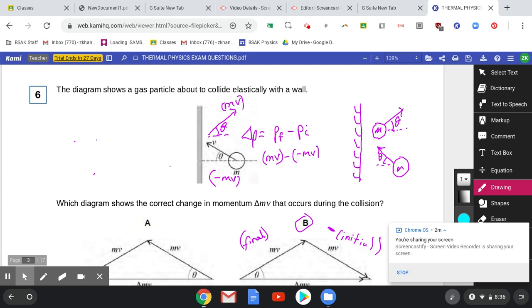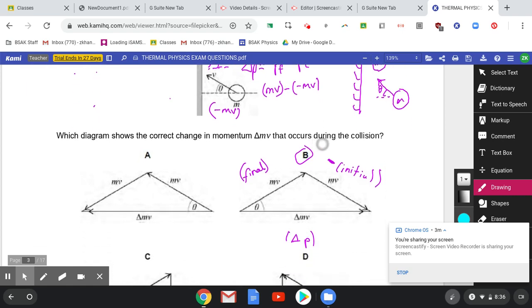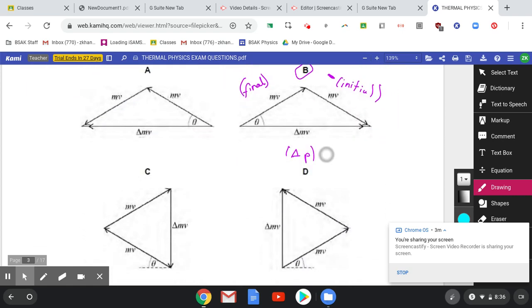So what we get is an overall vector pointing in the opposite direction downwards. So look at the direction. It's facing to the bottom right hand corner of the screen. So now we've got to look for an arrow facing to the bottom right.